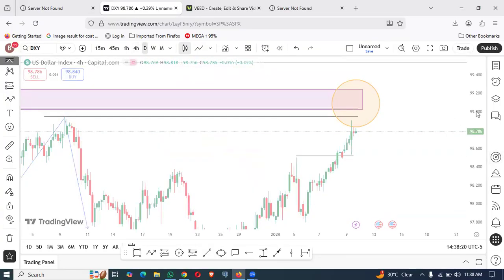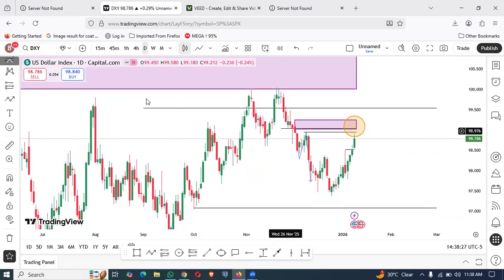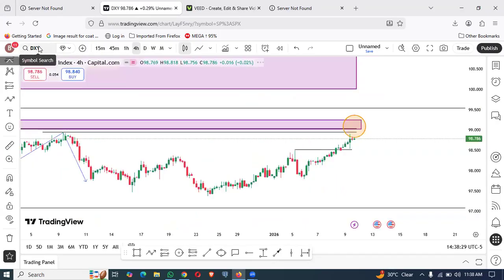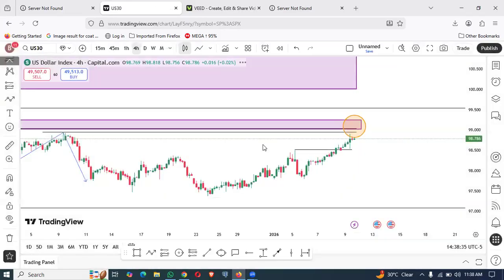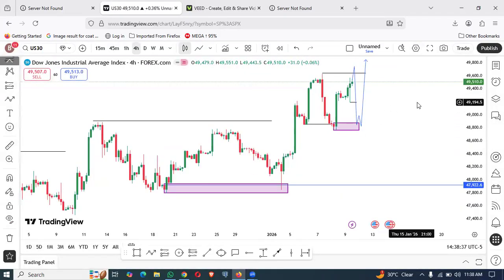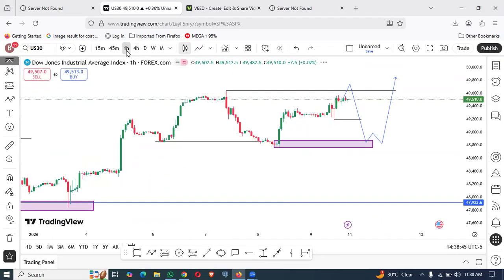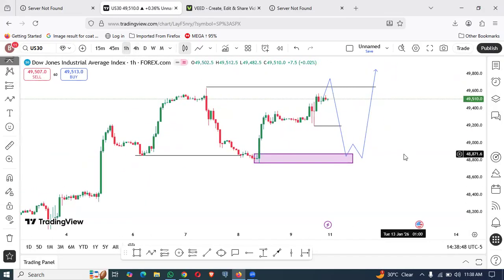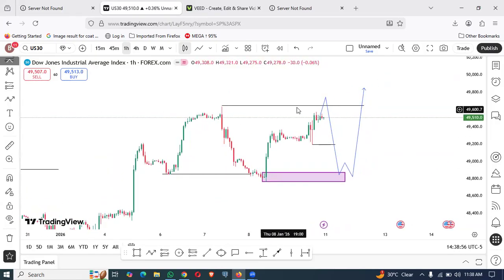Look at my screen now. The line I drew now, is it on the candle body or on the wick?